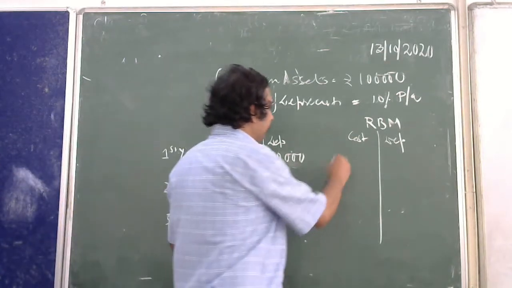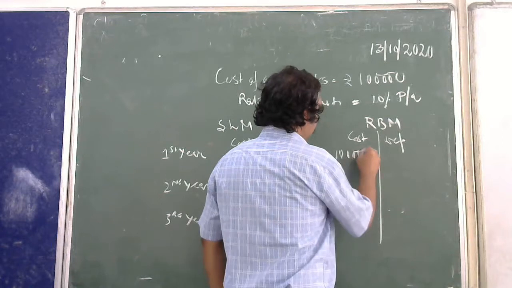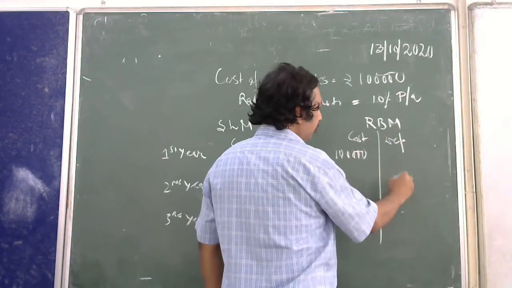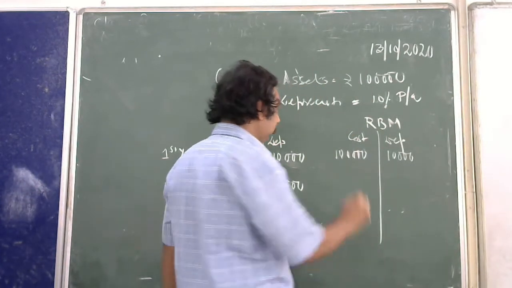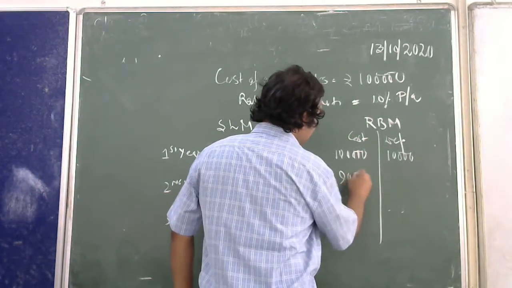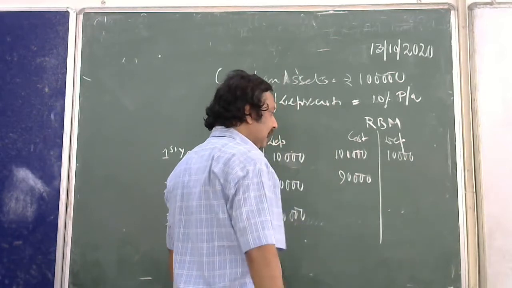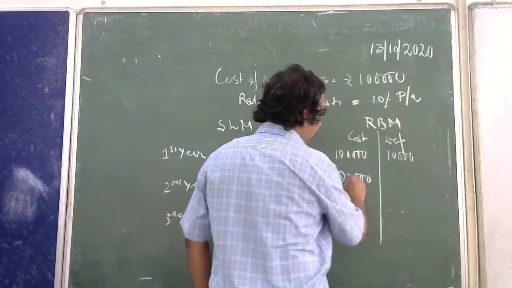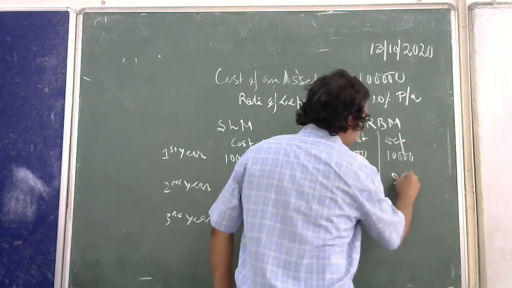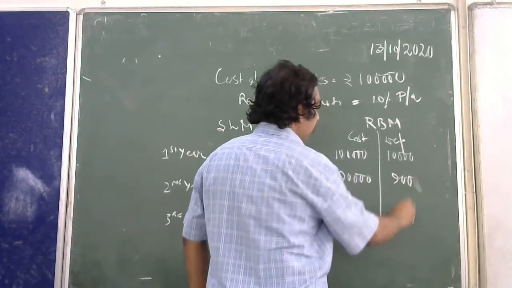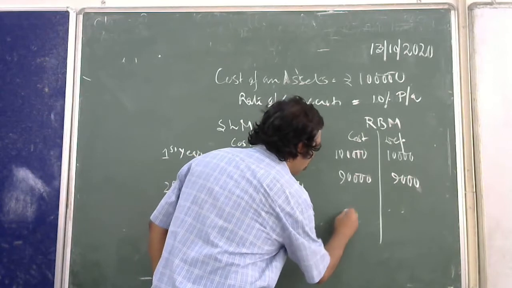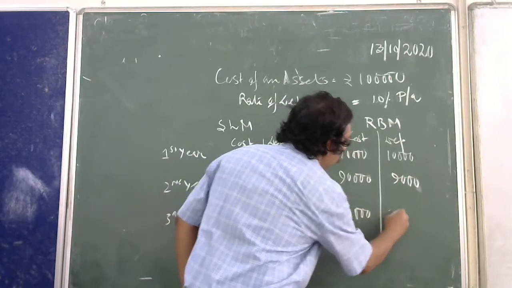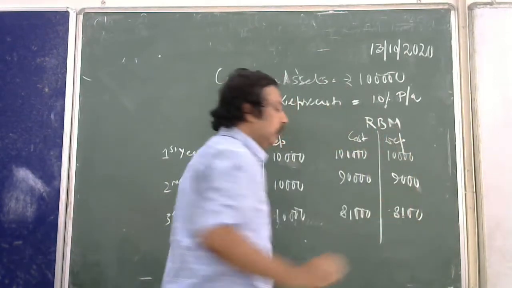Here it is, the cost of the asset is 1 lakh, the amount of depreciation is 10,000. Here in the reducing balance method, the WDV is reduced in the second year to 90,000. On 90,000 it is 10%, that is 9,000. In the third year the value gets reduced to 81,000, so the amount reduces to 8,100.